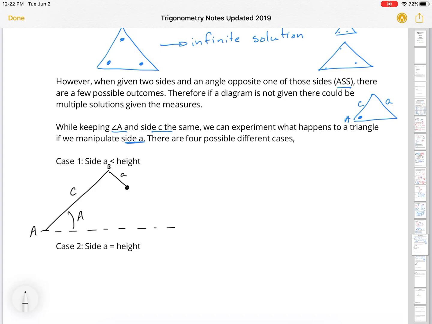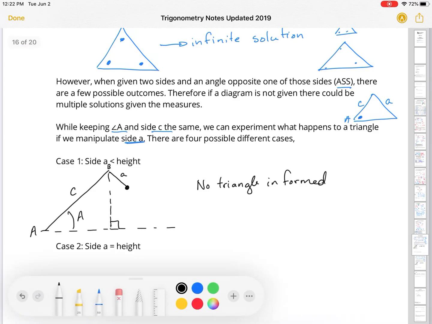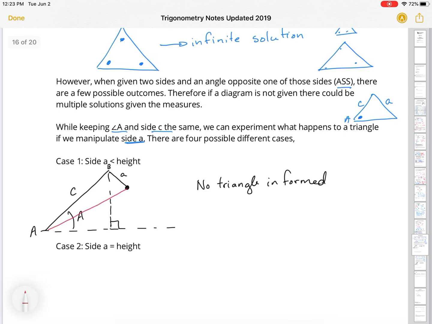If side A is less than the height, then no triangle is formed, because the only way to close off that triangle would be to draw a line like this, and that would change angle A, and that can't happen. So no triangle is formed, okay?